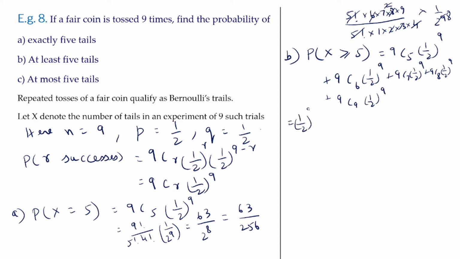We can take it outside, and inside there will be 9c5, 9c6, 9c7, 9c8 and 9c9.